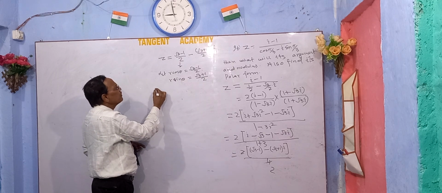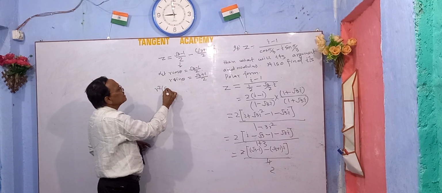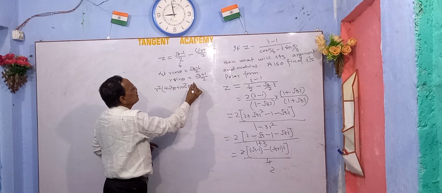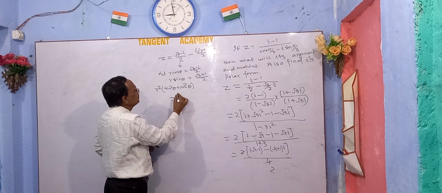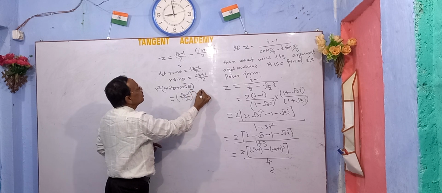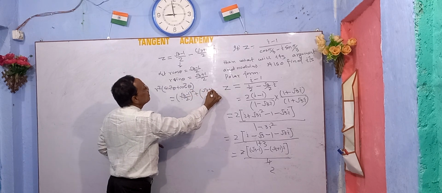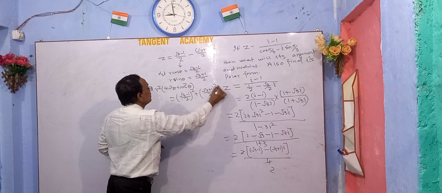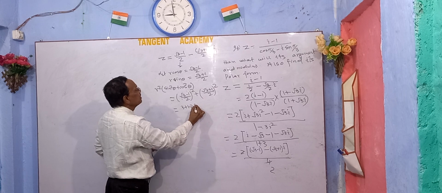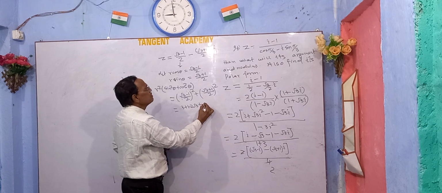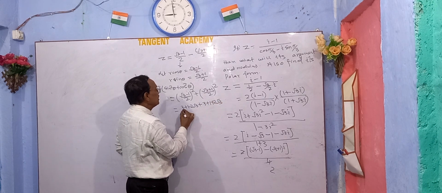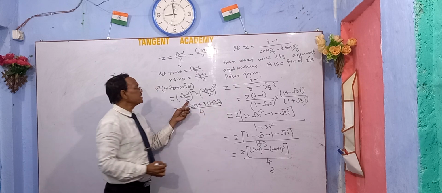Now squaring and adding we get r square (sin square theta plus cos square theta) is equal to ((root 3 minus 1) by 2) whole square plus ((root 3 plus 1) by 2) whole square, which is equal to (3 plus 1 minus 2 root 3 plus 3 plus 1 plus 2 root 3) divided by 4, taking LCM in both the terms.